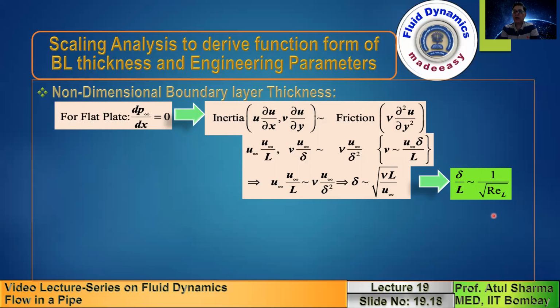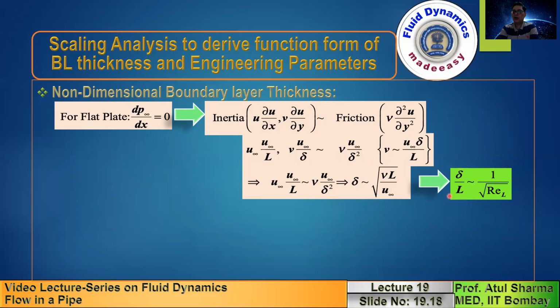This is a very important derivation in a sense that, let us suppose you are doing an experiment for different Reynolds numbers, you are calculating the boundary layer thicknesses, and finally from the experiment you can obtain the proportionality constant. This is right now a functional form.